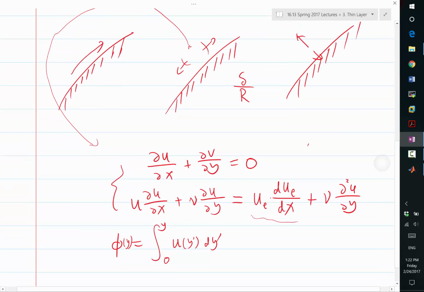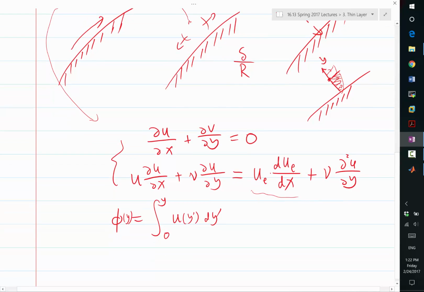So let me draw it over here. So this is the y direction, right? So the stream function phi at this y is basically, there is a boundary layer profile, the flow rate, the integral of this area. So the flow rate across the region between the wall and that particular y. So that's what phi is.